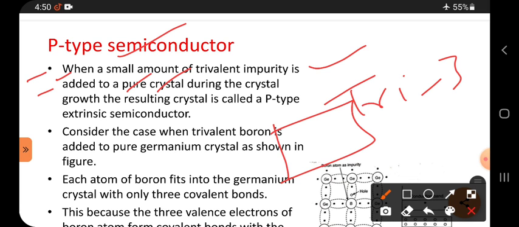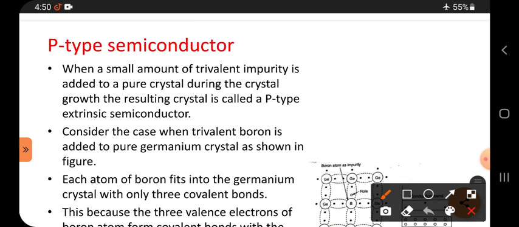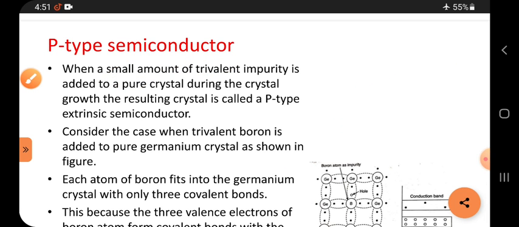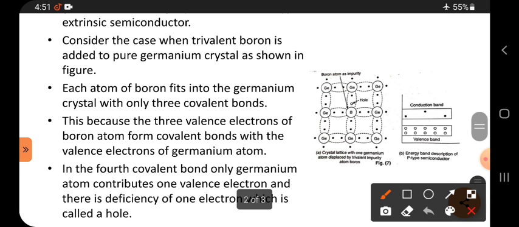During crystal growth, meaning during the crystal preparation, the resulting crystal is what we call a p-type extrinsic semiconductor. Why it is called p-type is also explained inside the lesson.